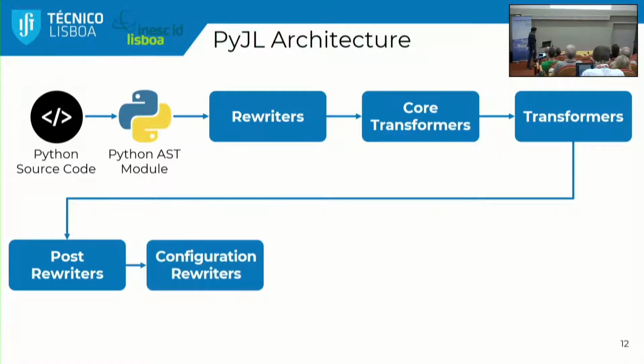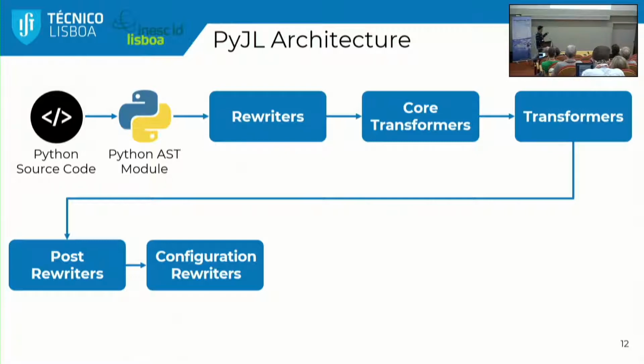Then you also have the configuration rewriters, and this phase is actually pretty interesting because what we found is that when you're translating Python source code into Julia, you typically have several alternatives to what you translate a piece of code to. And this basically allows external files to be added with user annotations that basically change the code that is generated by the transpiler.